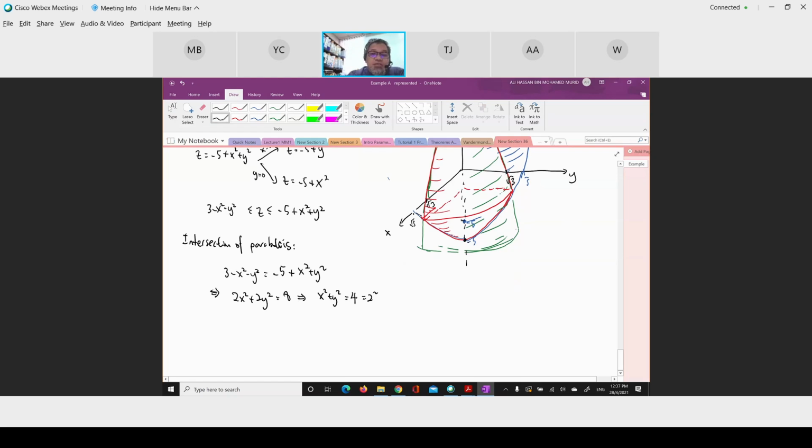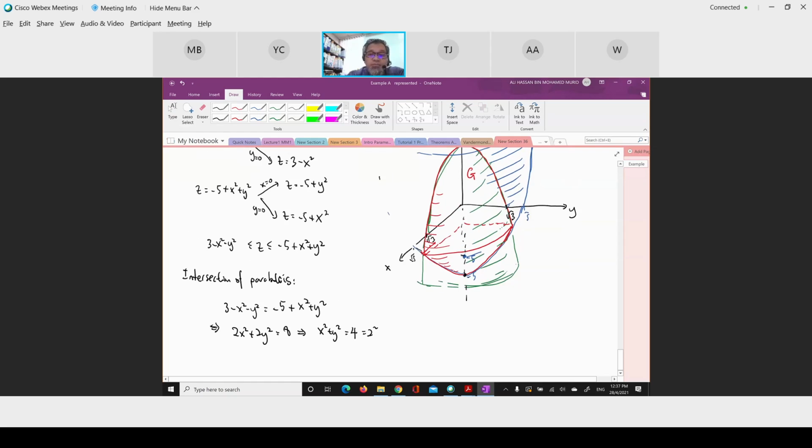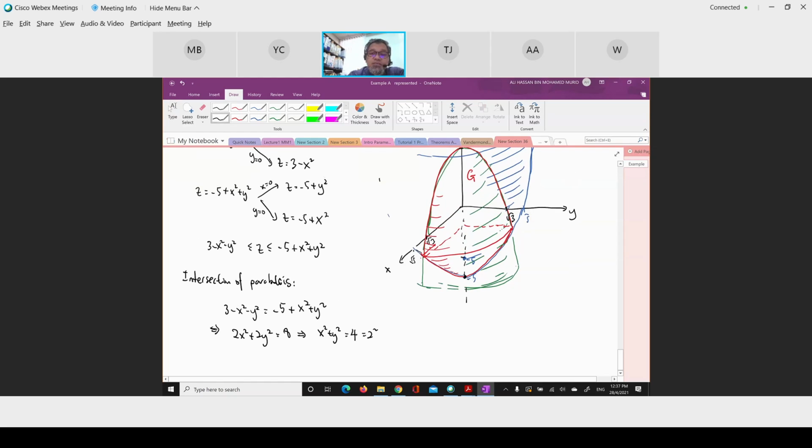So the curve of intersection is a circle here. It's a circle. This one here.